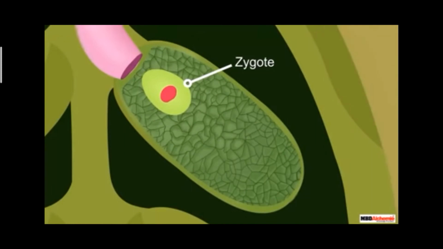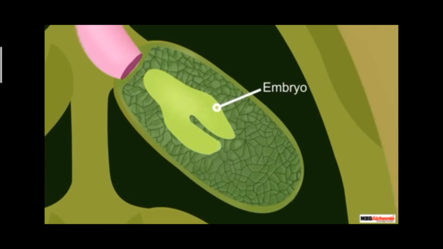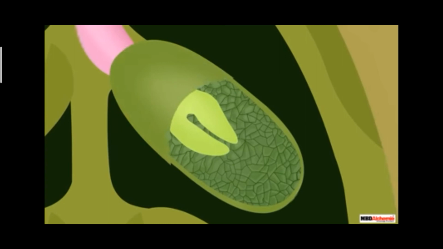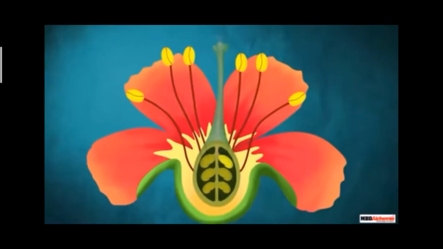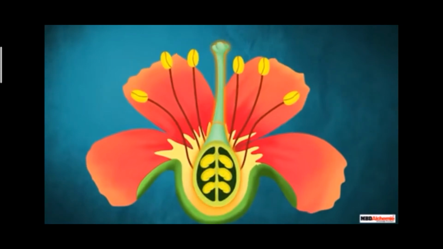The zygote divides several times to form an embryo inside the ovule. The ovule changes to seed and the ovary ripens and forms the fruit around the seed.